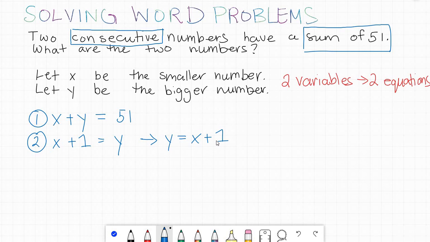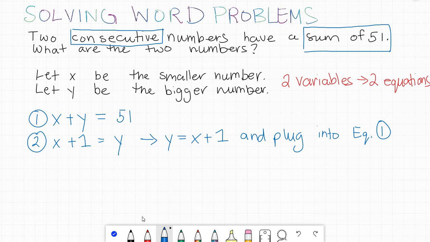I don't really need to worry about that. The next thing I can do is take that isolated equation and plug it into the other one. So I'm going to take y equals x plus 1 and plug it into equation 1.